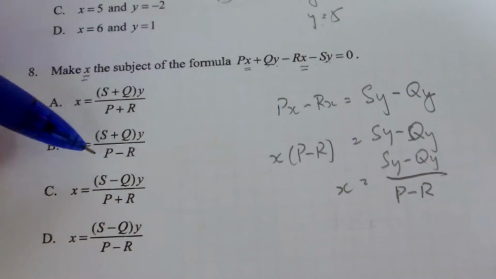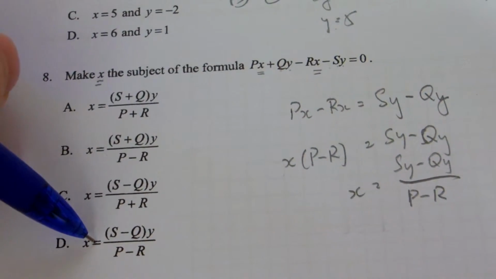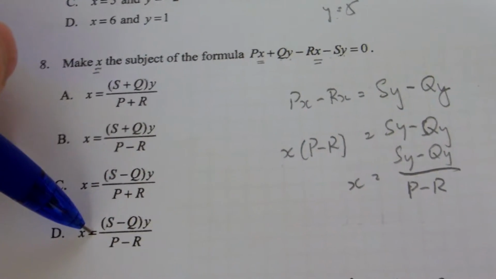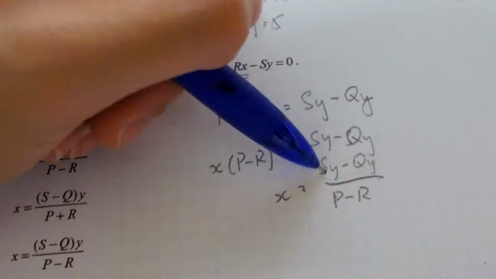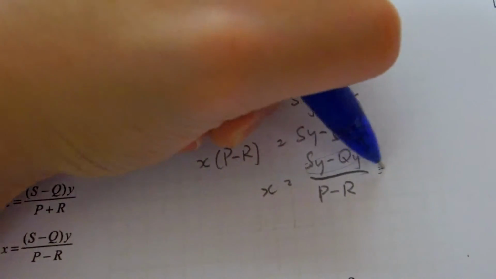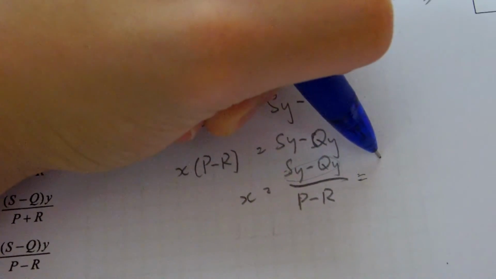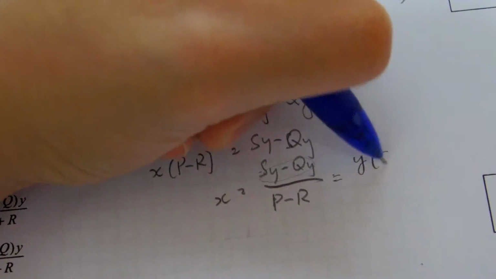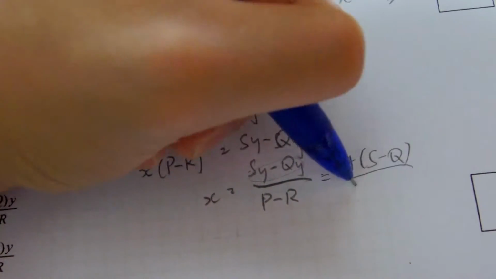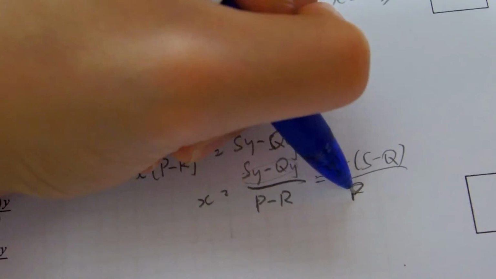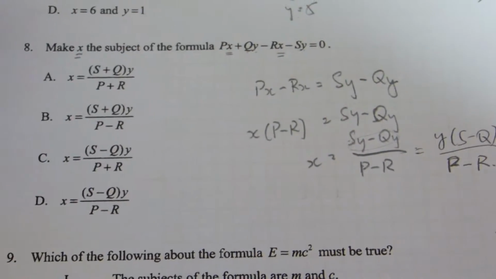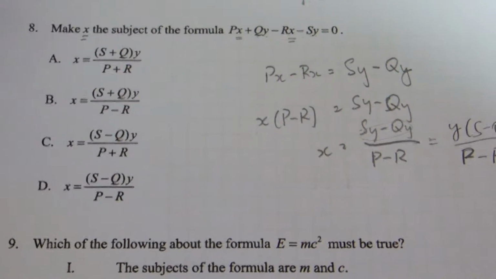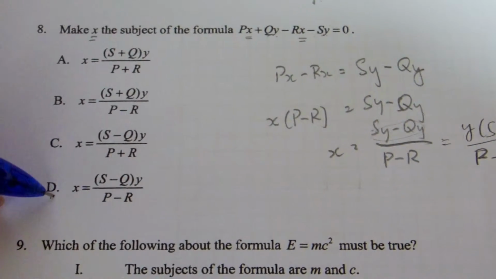So this or this, it should be D, just because they even factorize for the y. So in fact they're exactly the same. So the answer should be D, this one.